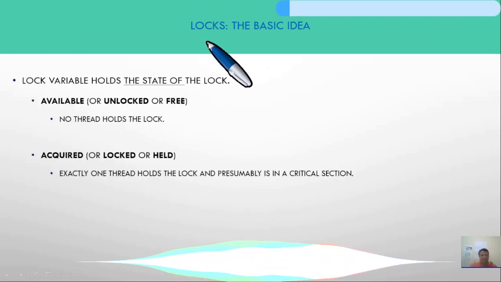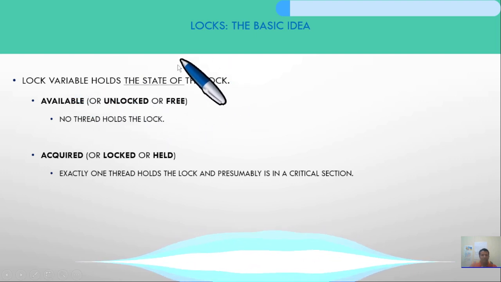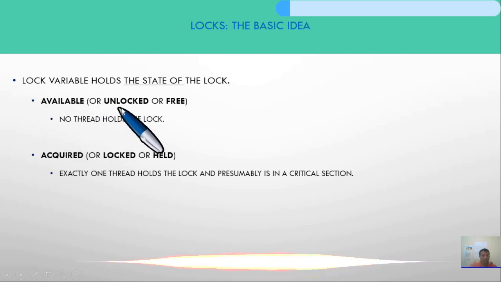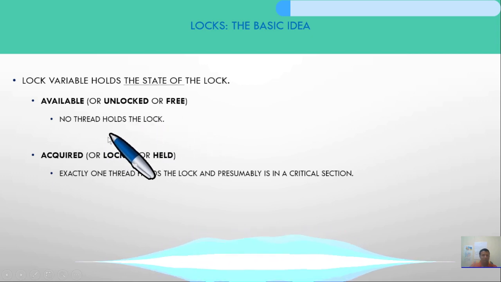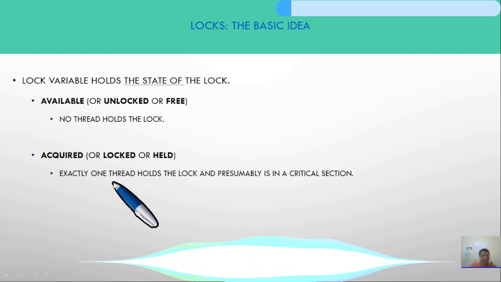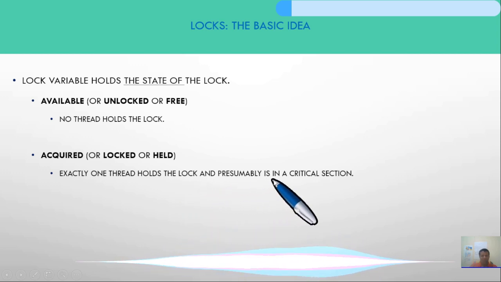The basic idea, again: the lock variable holds the state of the lock. It is either available, unlocked, or free, meaning no thread holds the lock, or acquired, locked, or held, meaning exactly one thread holds the lock and presumably is in the critical section.